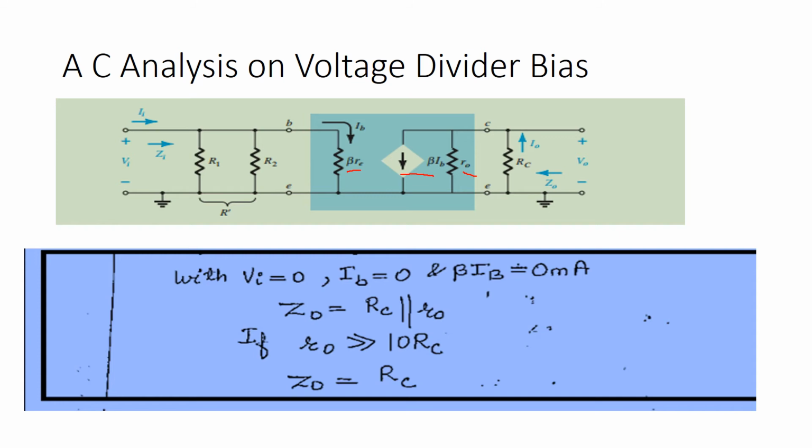So R1 parallel R2 defines R dash. With Vi equal to 0, Ib equal to 0 and beta Ib equal to 0, Z0 is equal to RC parallel R0. How this happens, we will see.